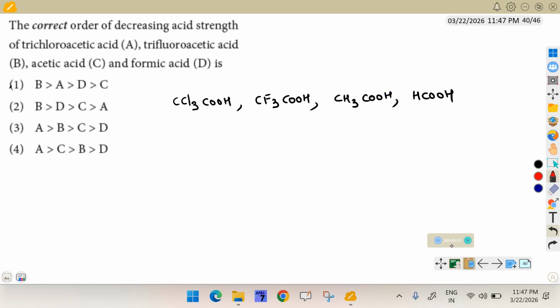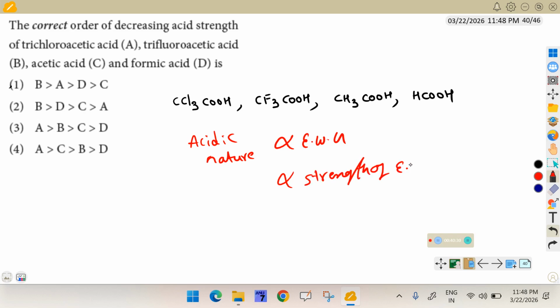Arrange the following in the decreasing order of their acidic strength. Acidic nature is directly proportional to the strength of the electron withdrawing group.